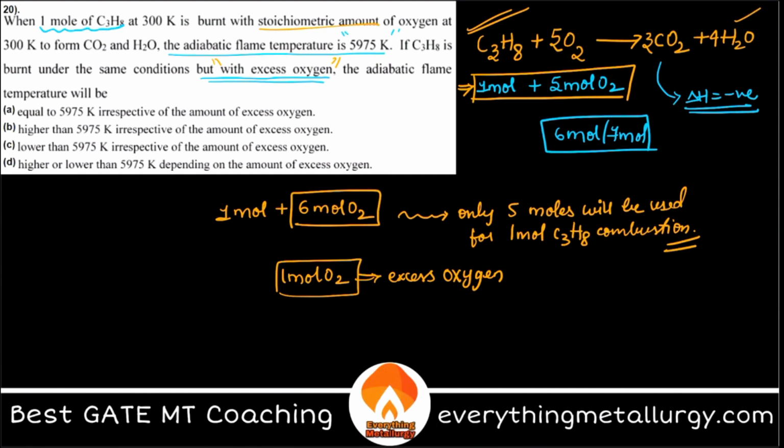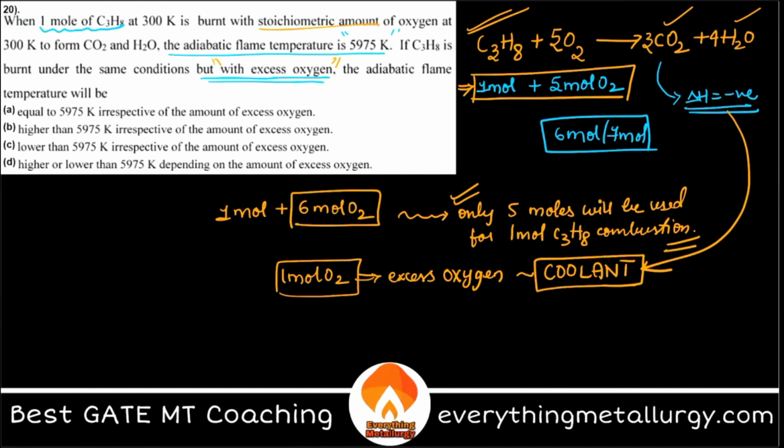H2O is water vapor and CO2 is a gas, so there is nothing in my system to react with the oxygen. So this excess oxygen acts as a coolant. It takes away the heat produced by the combustion.